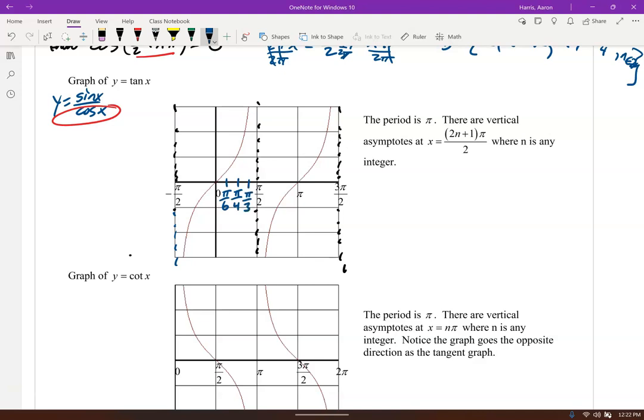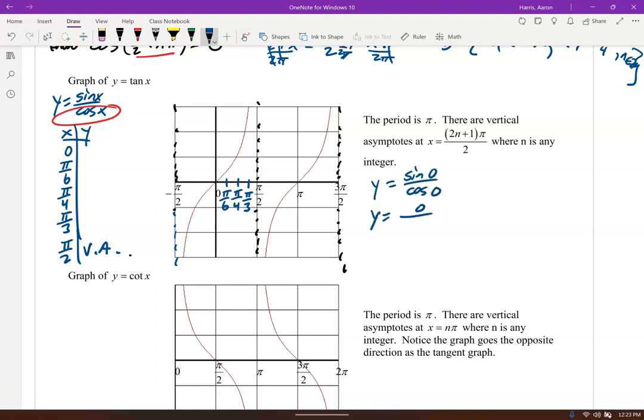Of course, we can't plug in pi halves, but let's go ahead. And 0, we'll do 0 as well. So 0, pi 6, pi 4ths, pi 3rds. Can't plug in pi halves because I have a vertical asymptote there. And let's plug them in. We know the tangent of 0 is the sine at 0 over the cosine at 0.